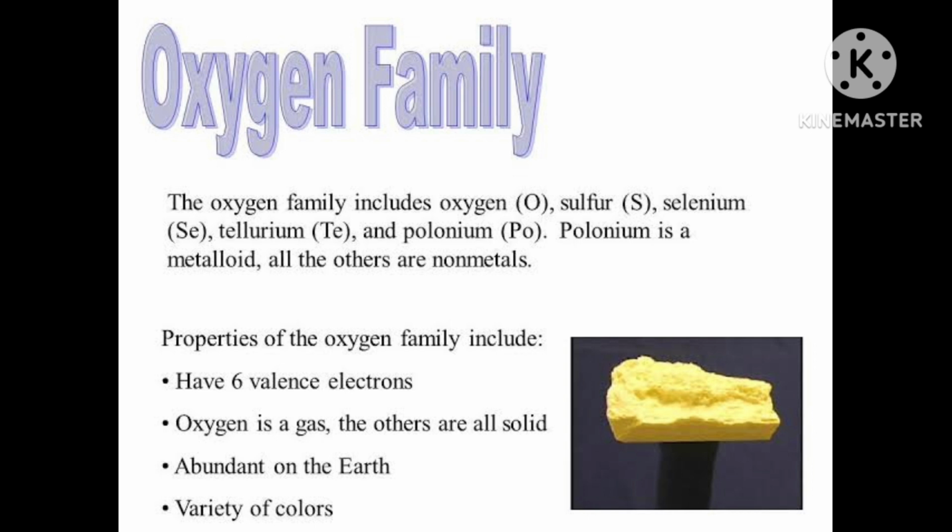Oxygen exists as a diatomic molecule, O2, whereas sulfur exists as a polyatomic molecule, S8. Now I am going to discuss chemical properties of group 16 elements. First, oxidation states.